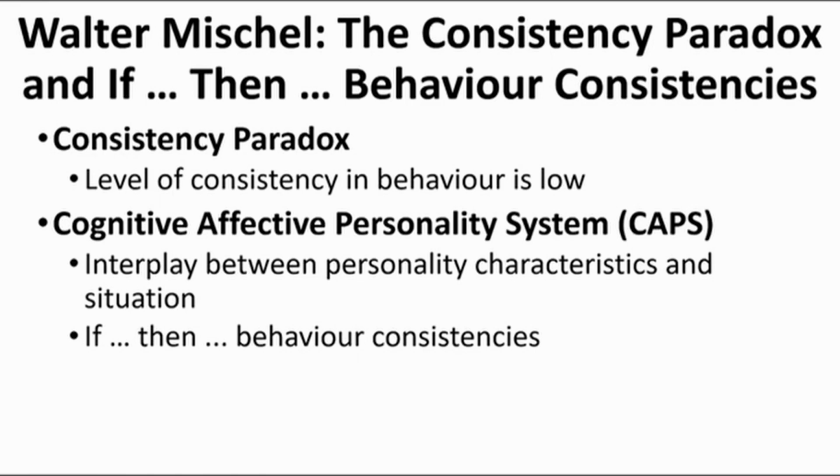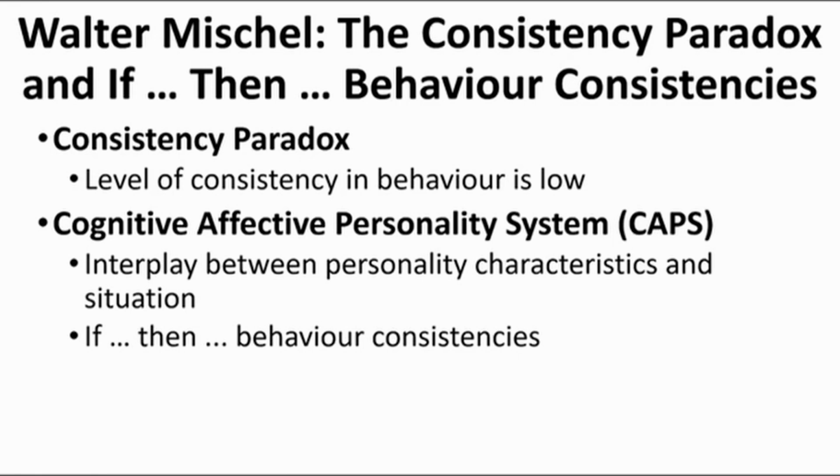And this point of view was really important because of a factor that we've talked about already in this chapter. The official term is the consistency paradox, which we've discussed as the consistency in behavior tends to be low, where people don't always behave the same way.